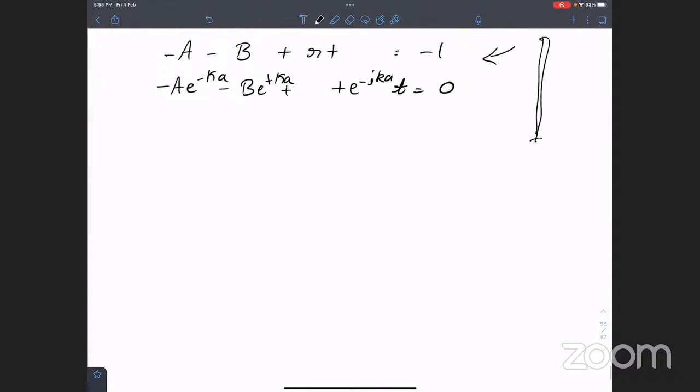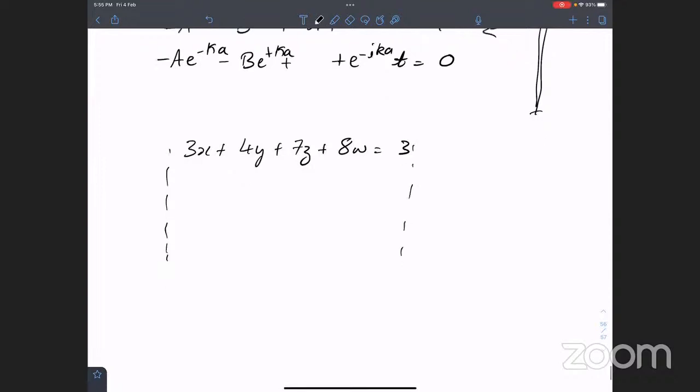In general, I can write these equations in the following format. Remember, we have equations like 3x plus 4y plus 7z plus 8w equal to 3. Like this, you have 4 equations in 4 unknowns.